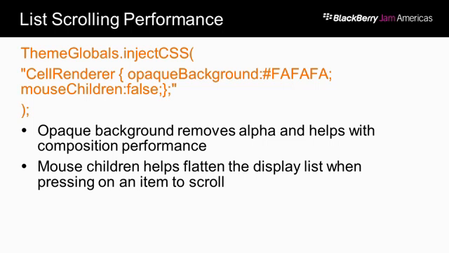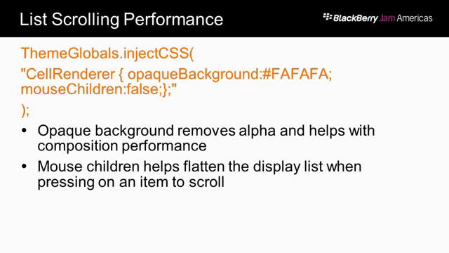So if you have lists that are semi-transparent, I would suggest not doing that. Have them be opaque. But it's not good enough just to have an opaque background or skin, just like the default style is, you really want to actually tell the runtime that it is opaque. So if you set opaque background, it'll say, okay, I don't have to calculate what's underneath this region because it's opaque, and I'll stop here. So that's the first thing.